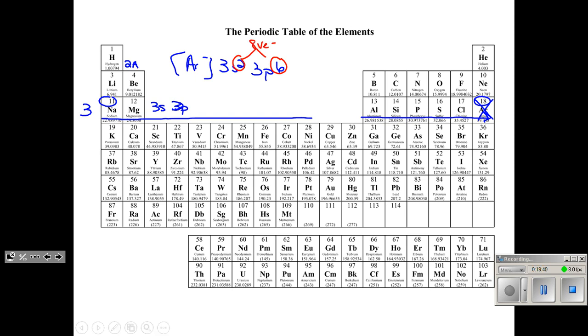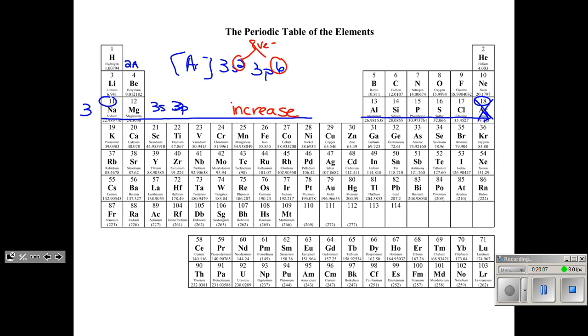That is very stable. So outside of argon, as you go across the periodic table, we're getting a greater effective nuclear charge, which causes the electron affinity to increase. The electron affinity increases because the nuclear charge increases.